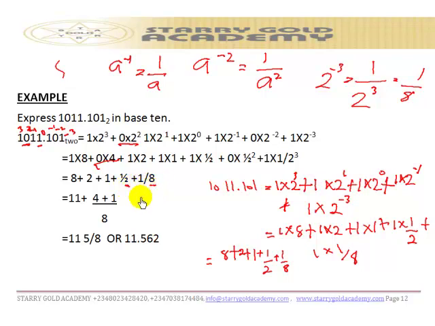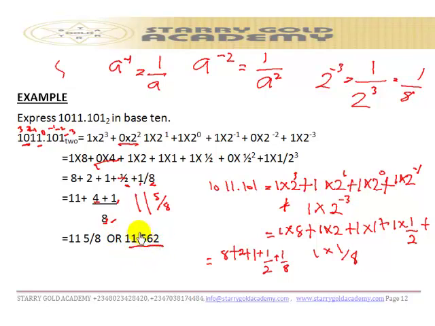LCM of 2 and 8 is 8. 2 in 8, 4. 4 times 1 is 4. 8 in 8, 1. 1 times 1 is 1. If you add this together, you're going to have 11 whole number, then 4 plus 1, 5 over 8. In decimal, your answer will be 11.562.